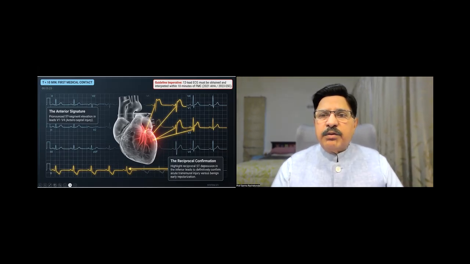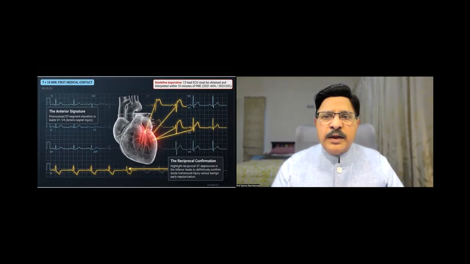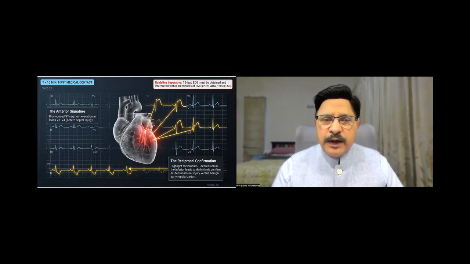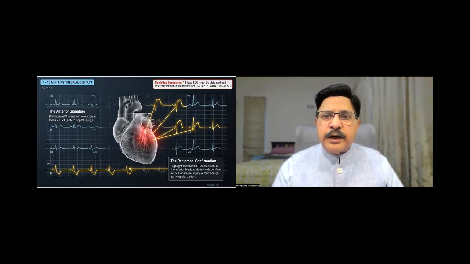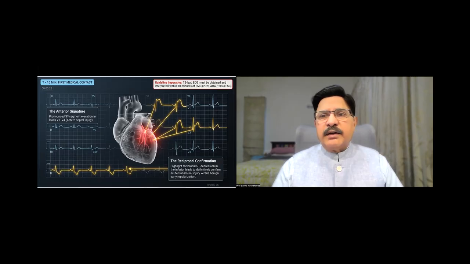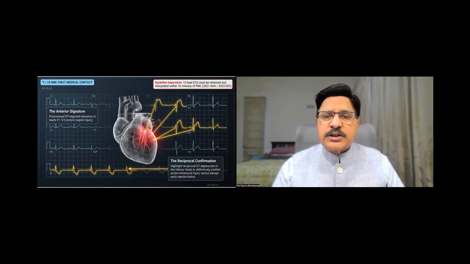Guideline imperative: a 12-lead ECG must be obtained and interpreted by a competent person within 10 minutes of first medical contact. FMC is first medical contact. Within 10 minutes, you would have taken the history and the classical vital signs, and excluded the big six, which we discussed last time.